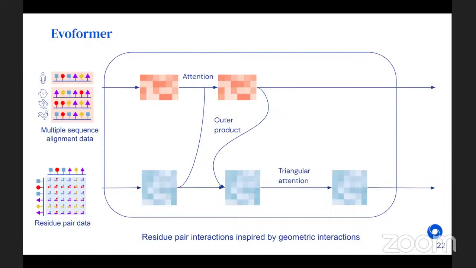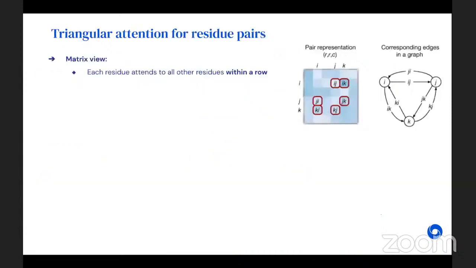And finally, the bit which is probably the most interesting is the triangular attention. So this is a residue pair interaction inspired by geometric interactions. And let me try to go through this. And this will be probably the most dense slide of the whole presentation. So sorry about that, but hopefully some of you will find this interesting.